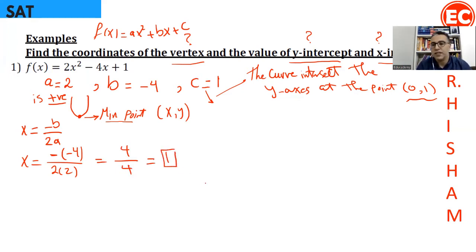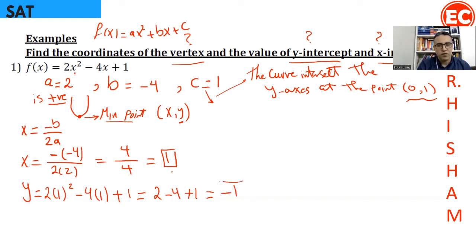So the value of x is equal to 1. Then to find the value of y, I replace x with 1. So 2 multiplied by 1 squared minus 4 multiplied by 1 plus 1. So it's 2 minus 4 plus 1, which is equal to negative 1. So the vertex is (1, -1).